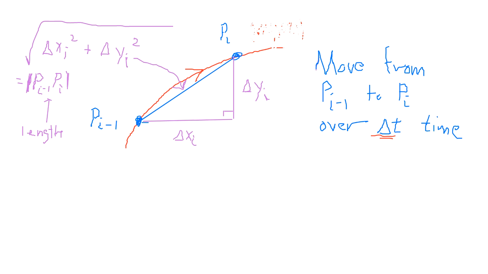Okay, so again, you have these coordinates x and y, but the x coordinate can be denoted by some function f of t, and the y coordinate can be denoted by some function g of t.